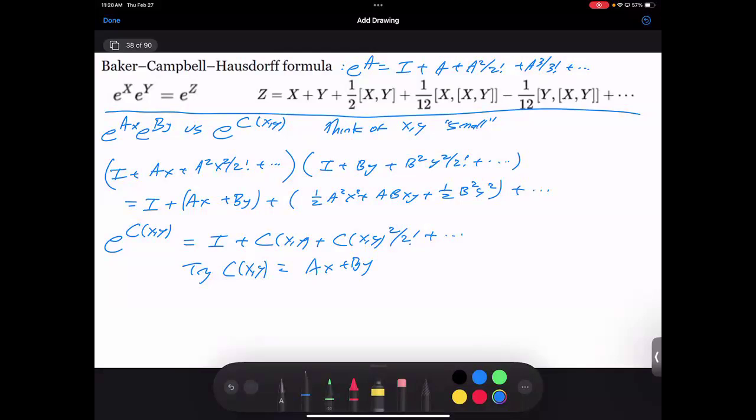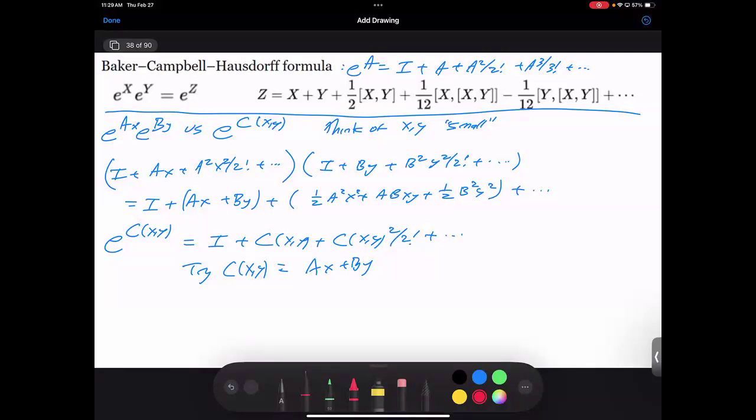So if you think about it, when you expand things out, if c of xy is just ax plus by, then things are going to be very nice. But it's not going to work. It would work if a and b commuted. So there need to be more terms. So the question is, are there more linear terms or are the terms of higher degree?